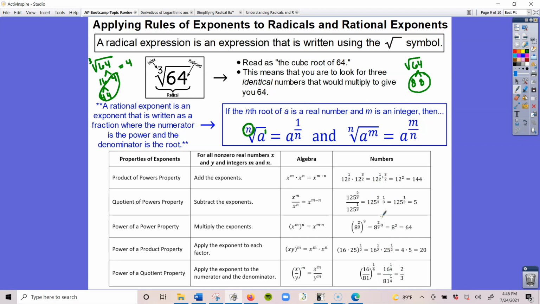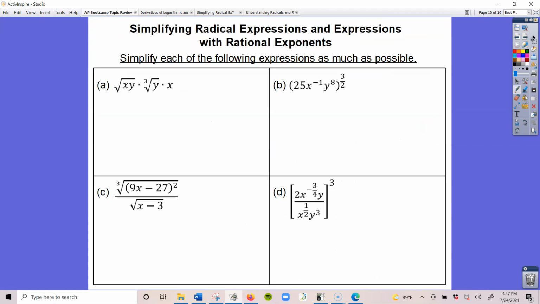If you have two terms being multiplied, you add the exponents. If you have them divided, you subtract. If you have a power raised to a power, you multiply. It's the same thing, except you're applying those rules with fractions. Rational exponents are just exponents that are fractions. So please make sure that you know how to add, subtract, multiply, and divide fractions, because I will not be able to review that over and over.